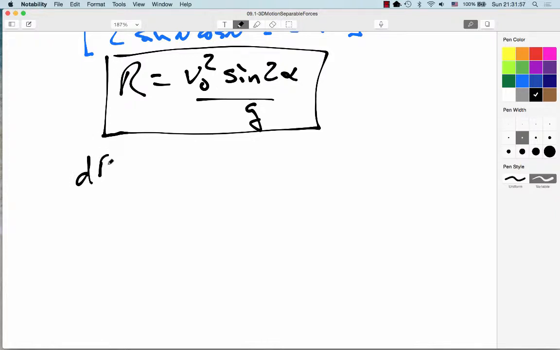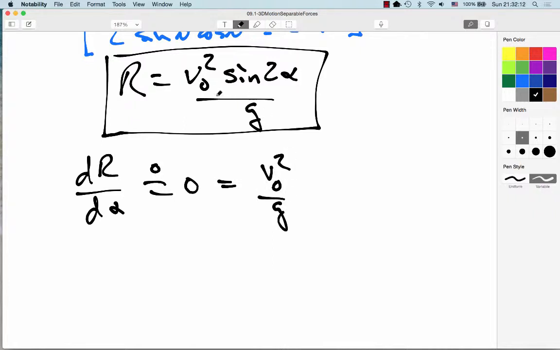So let's just do that just to see if the 100 level way of doing it made sense. So we differentiate, set equal to 0. So derivative of sine is, so we're going to get a v naught squared over g. Derivative of sine is cosine of 2 alpha. Derivative of what's inside gives me a 2. Alrighty then.